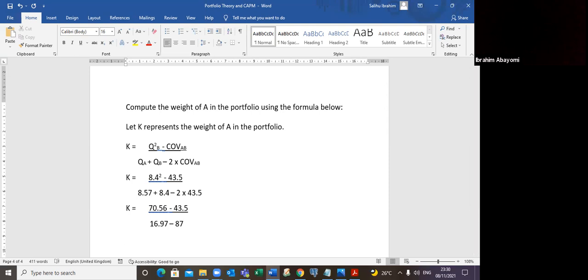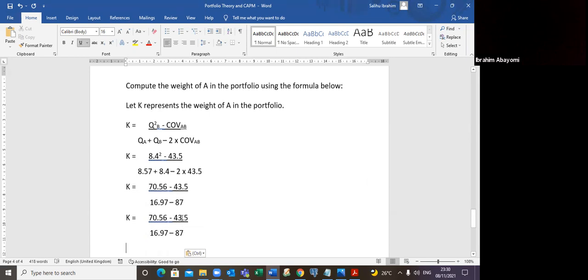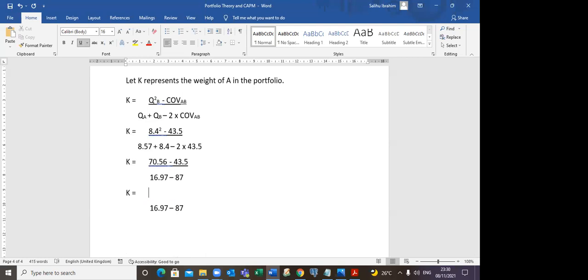So I copy this. The 70.56 minus 43.5 will give us 27.06. Then 16.97 minus 87, what do you have?